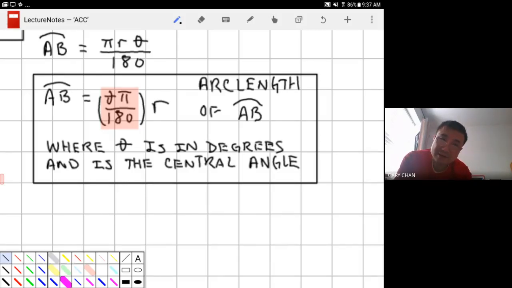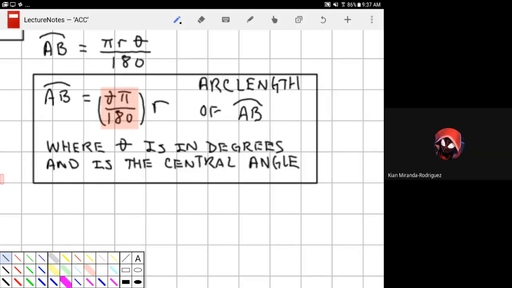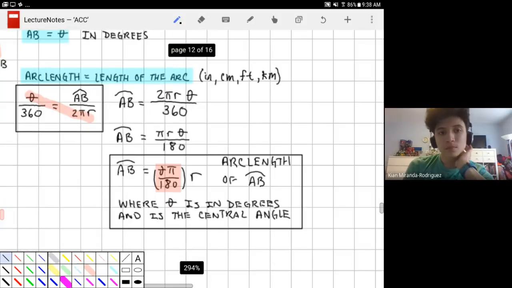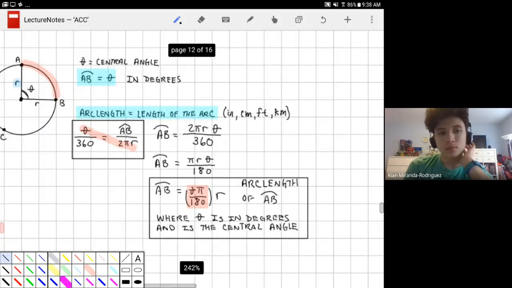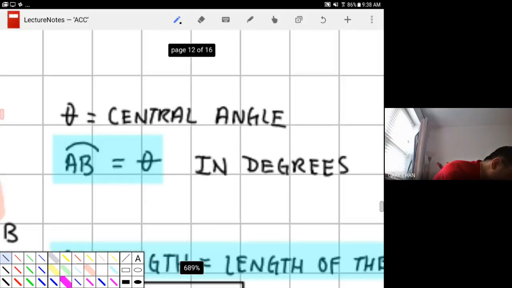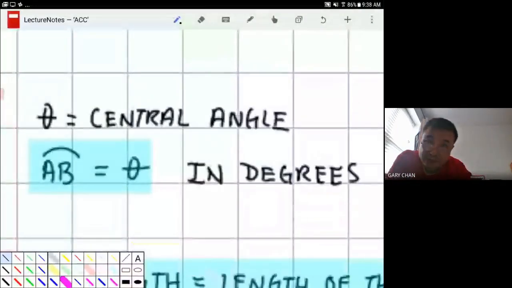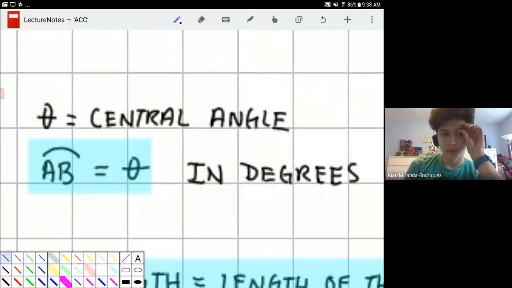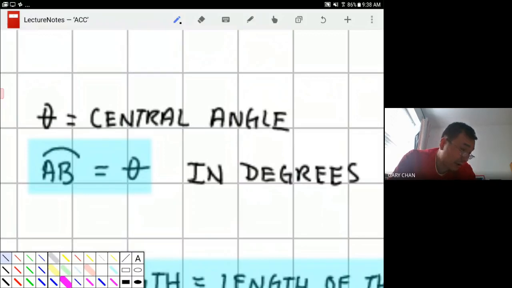Kian, what are the units for central angles and arc measures? So for central angle and arc measures, it's all in degrees. They are all in degrees.